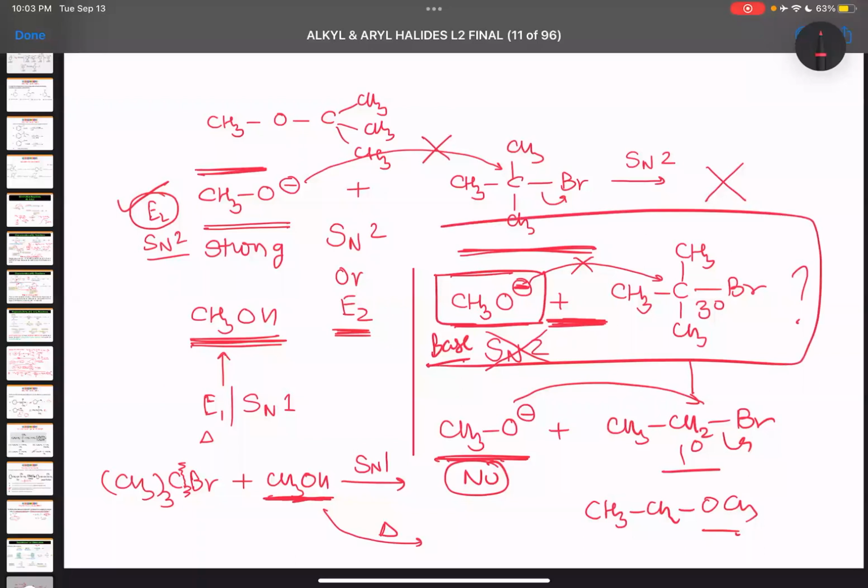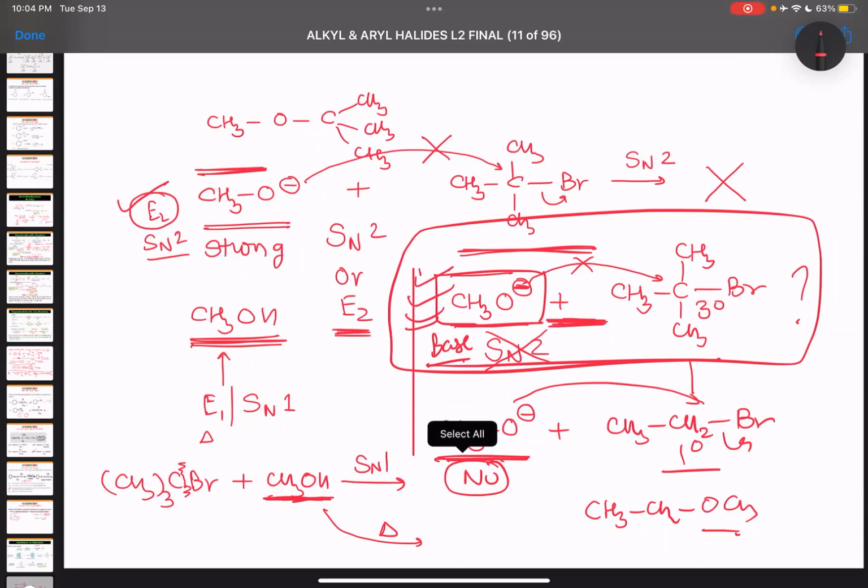But here what will happen? Here will you do the SN2 reaction? No, sir. Why? Because of steric hindrance. So what will you do? The thing which you have taken has to react. It has to react because it is unstable. It is minus. It is a very strong base.